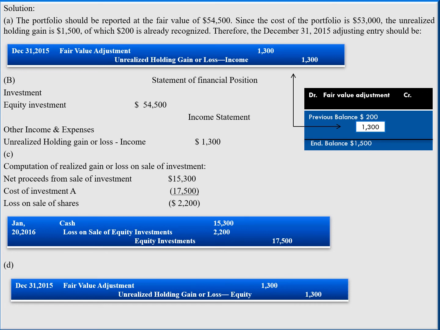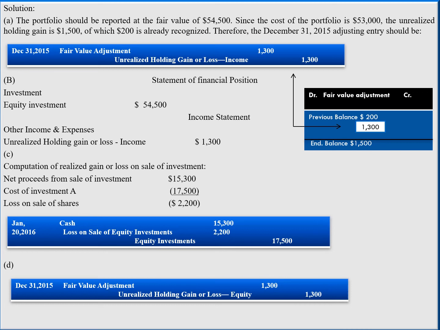Number C, what was required of me was to record the sale of investment A. The corporation decided to sell investment A. The given says that on Jan 20, 2016 W Corporation sold investment A for $15,300.